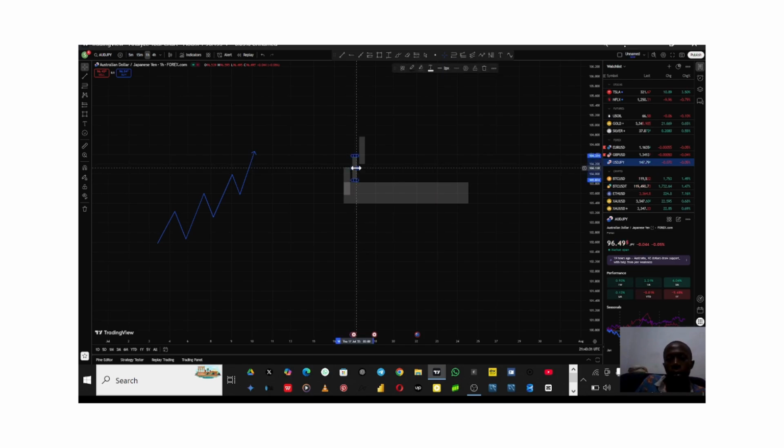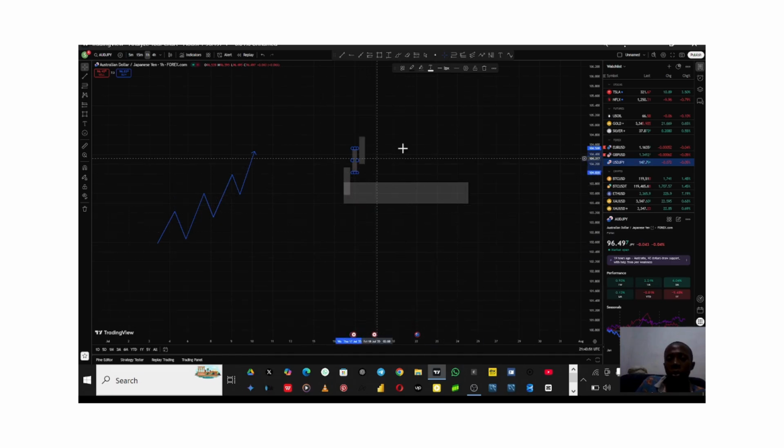See, there must be a space, a space between 3 candles. So you see, there is an FVG here, and it can be considered a valid order block.